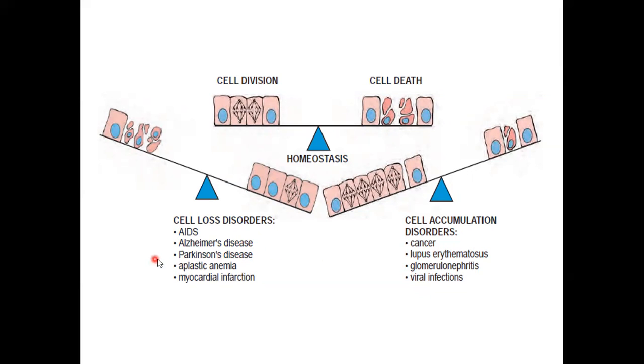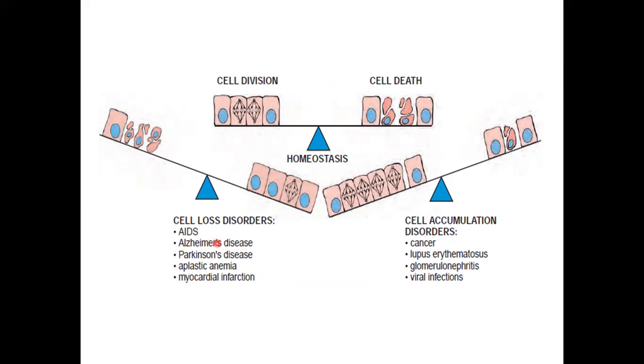These diseases I will not be discussing, because you will know more about them in higher subjects, and you will understand cell death and cell division, and why they are cell loss disorders. Example, AIDS: the patient developed AIDS because of the decreased number of CD4 cells.